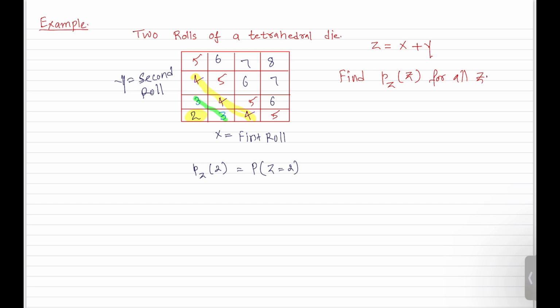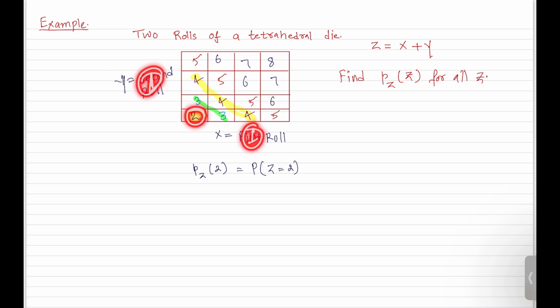First of all, you need to figure out what it means for the random variable to take the value 2, or which event corresponds to the random variable taking the value 2, right? This random variable can take the value 2 when you get 1 on the first roll and 1 on the second roll.